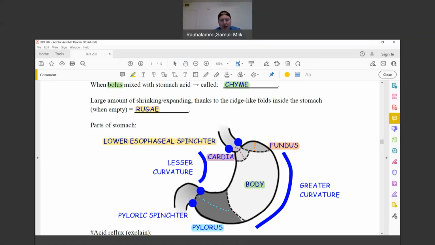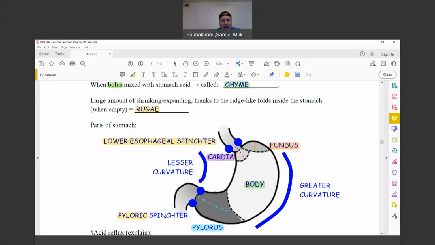So more superiorly, the connection between the esophagus and stomach is going to be our lower esophageal sphincter. This controls that the stomach acid cannot climb up to the esophagus. This sphincter is not really anatomically visible. If you go and dissect, it will be hard to see, but it does exist in a physiological sense.